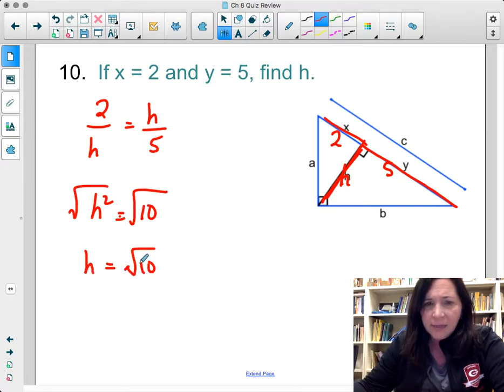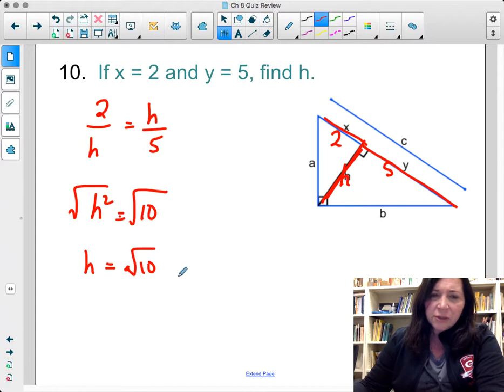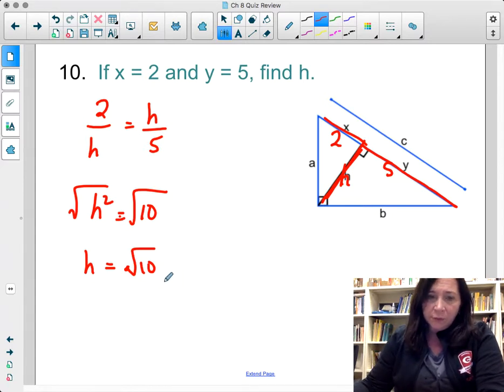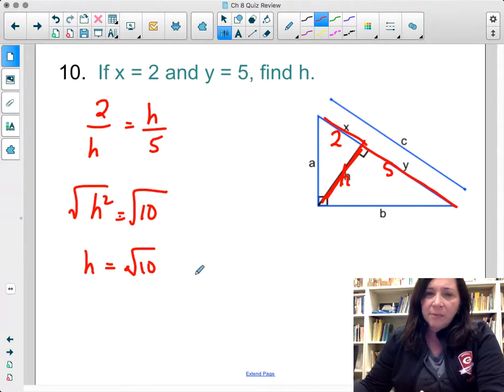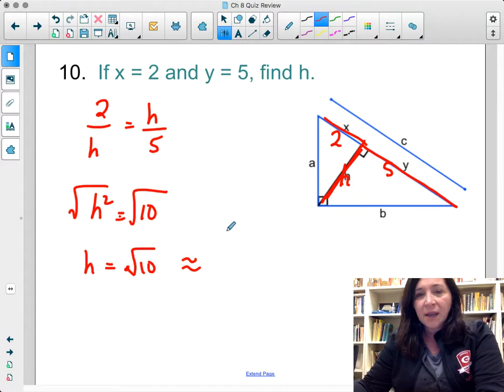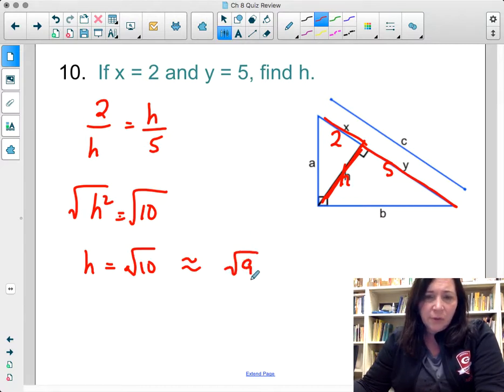Now again, that's an exact value. I don't want you to try to reduce that. First of all, it can't reduce, but you can most of the time approximate. If you were asked on a test what this is approximately, what perfect squares do you know? You know the square root of 9 is 3, and the square root of 16 is 4.